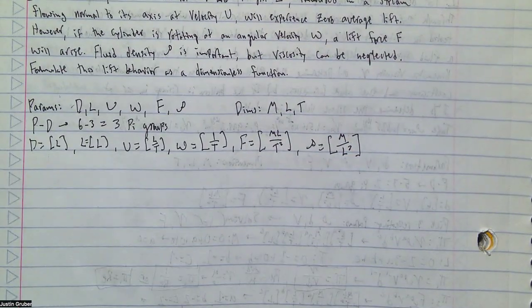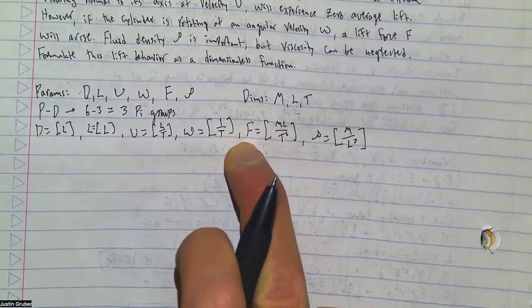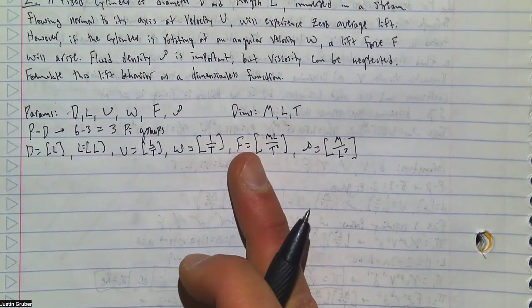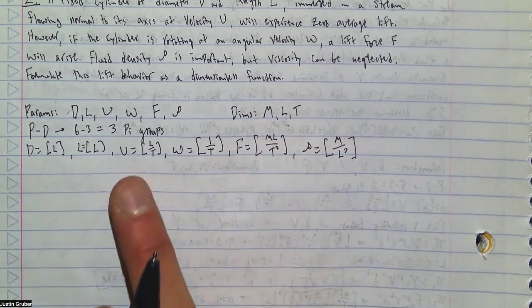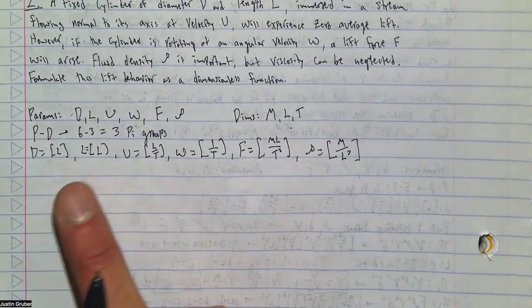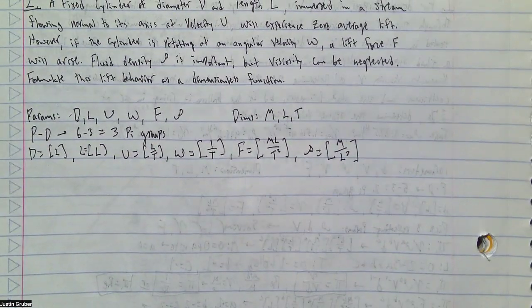All right, so now which 3 are we picking? Pretty much whatever you're given: you want to find some sort of force, and you've got a density, a velocity, and a length, so just pick rho, U, and one of the lengths. You'll be fine. That's kind of a life hack.